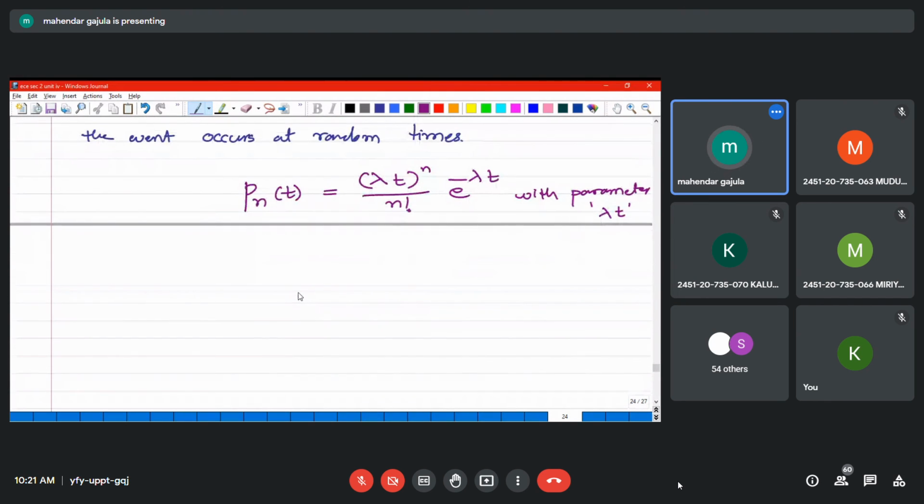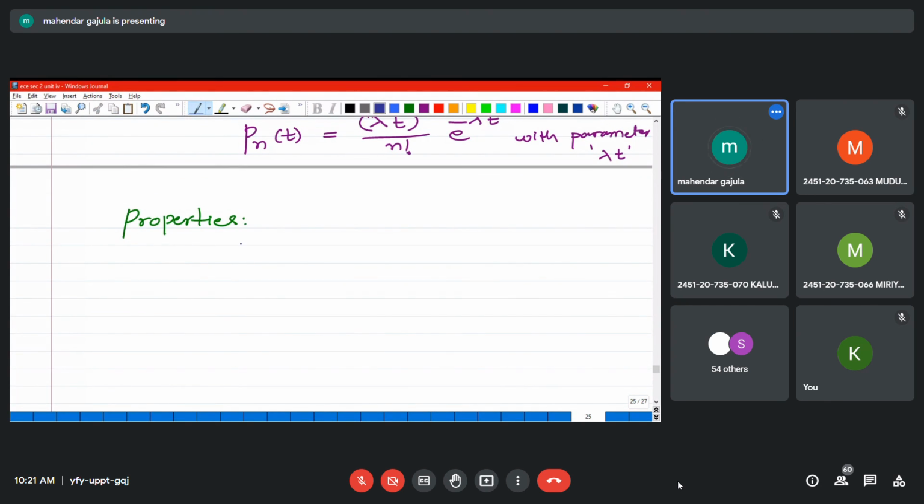Let us see the properties. First property is the mean of Poisson process is λt, and mean square value is equal to λt + (λt)^2, and variance of Poisson random process is mean square value minus square of the mean.